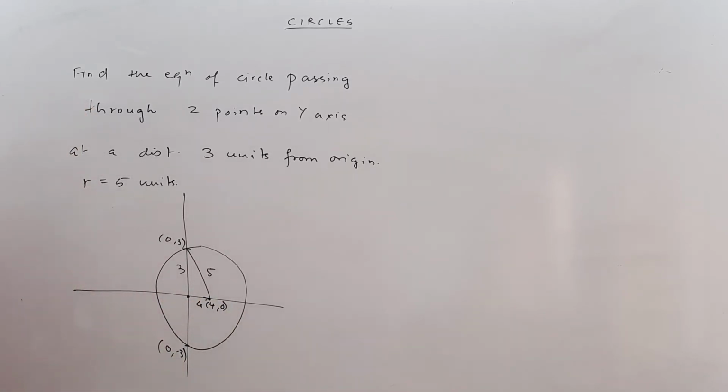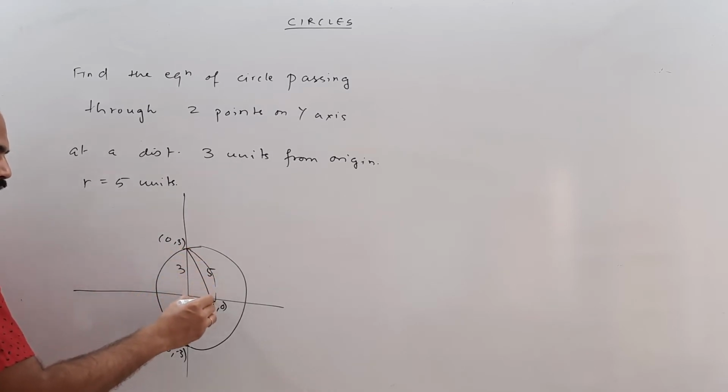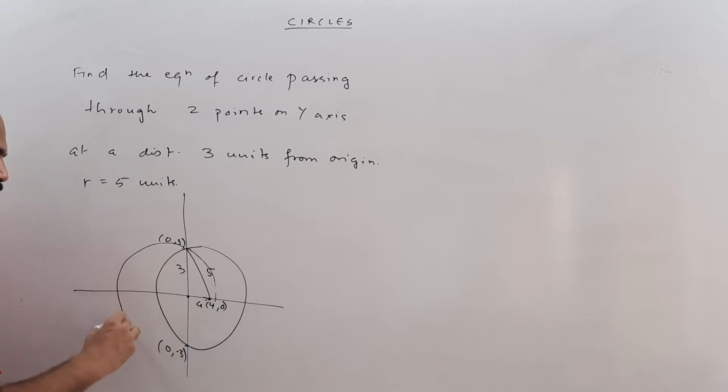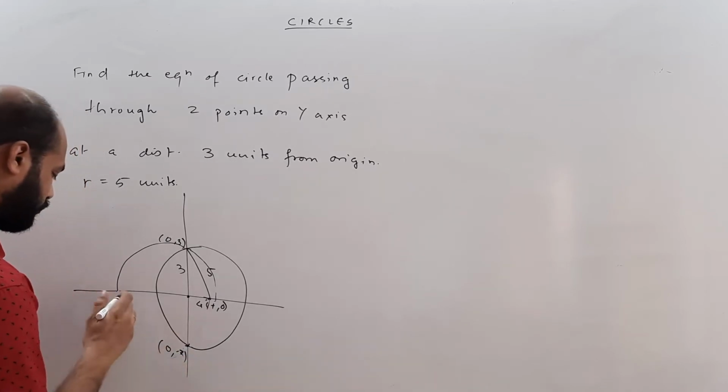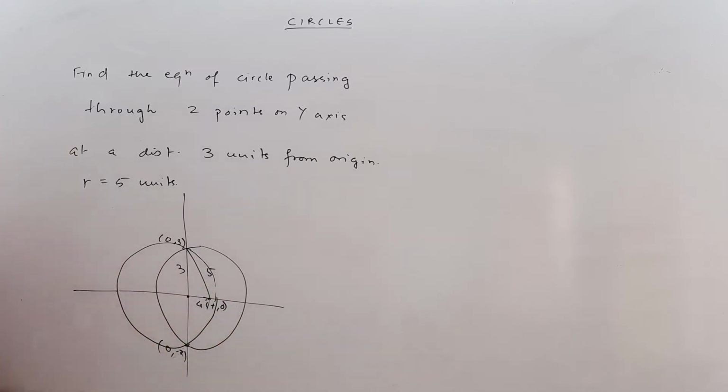Now a similar circle can be framed this way as well. So this is another circle that can be framed. The circle can be on this side also, and you can see that now the center is going to be very symmetric, that is minus 4, 0, because all these calculations remain the same.